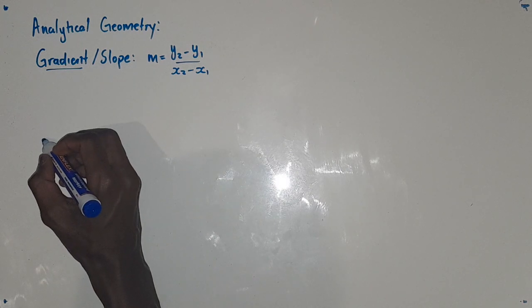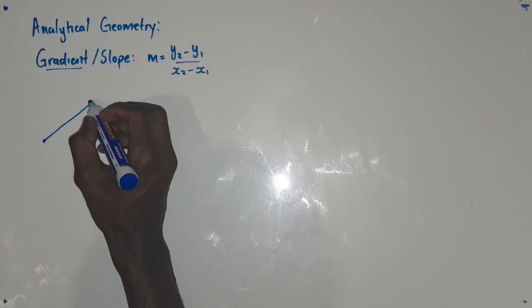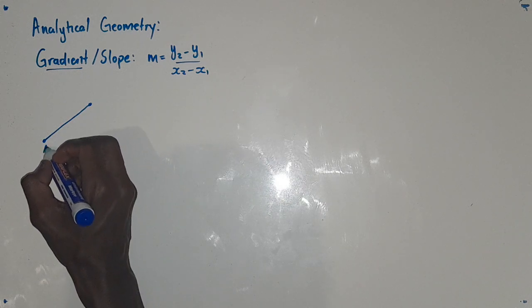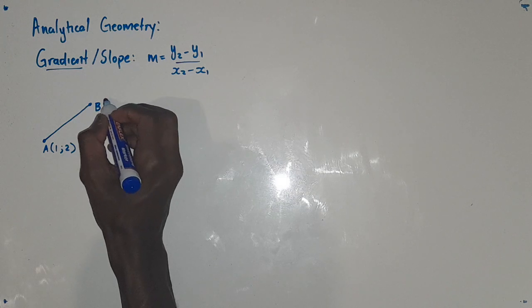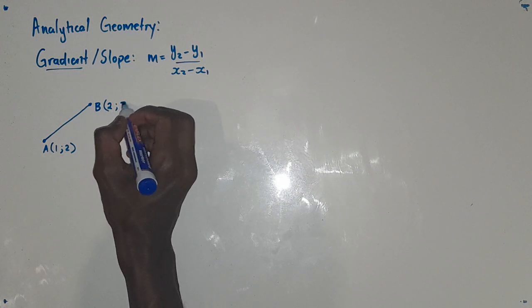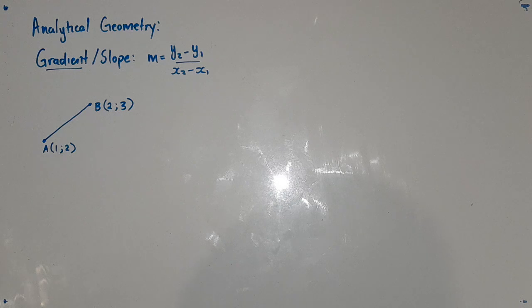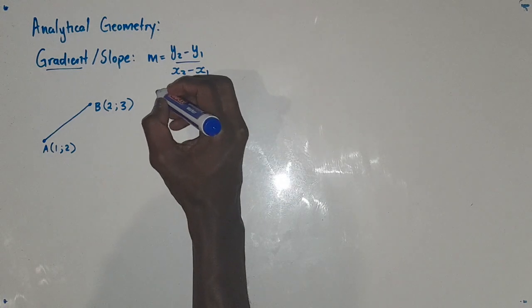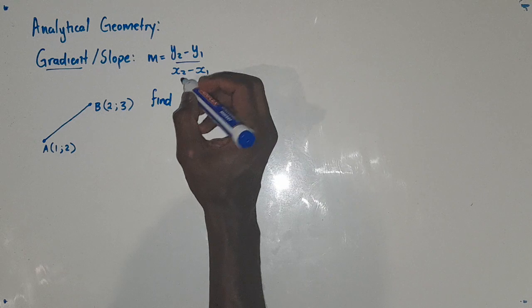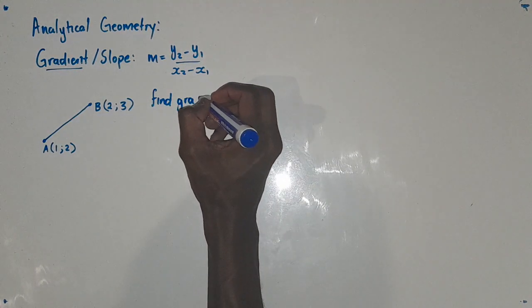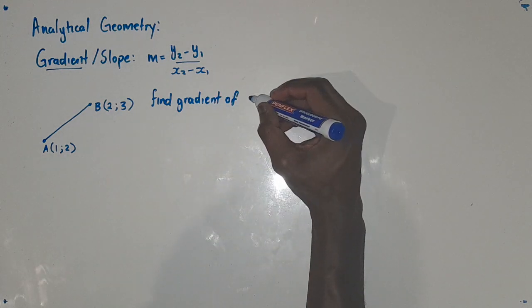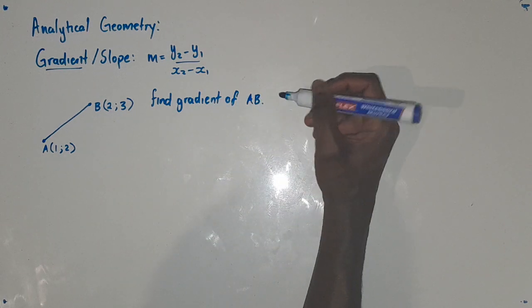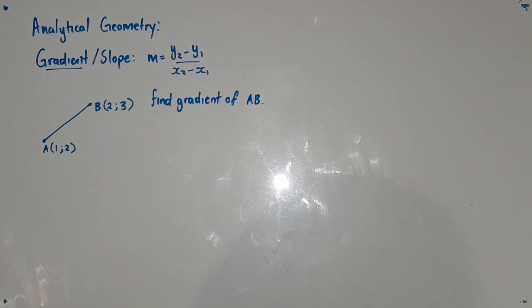Suppose now if I have a line like this with coordinates of A being (1, 2) and B, which is, let's say, (2, 3), then I decide to ask you the question now to say, let us find the gradient of AB. How then will you go about determining the gradient of AB?